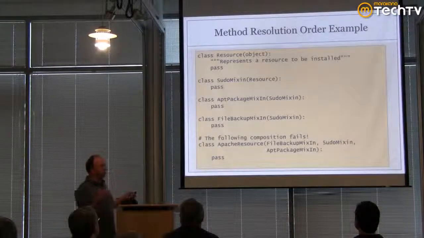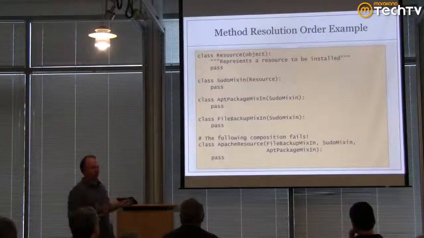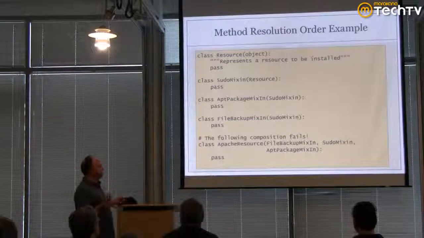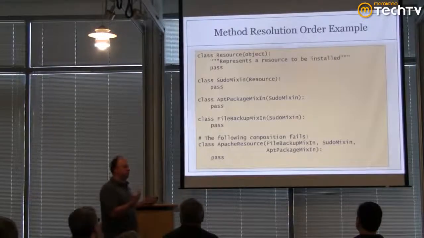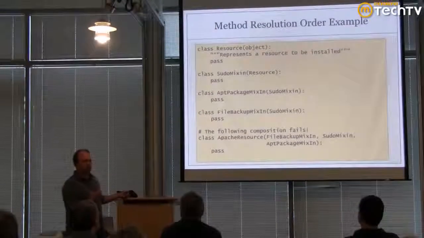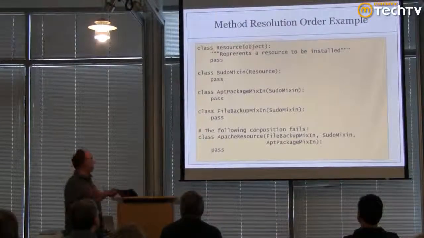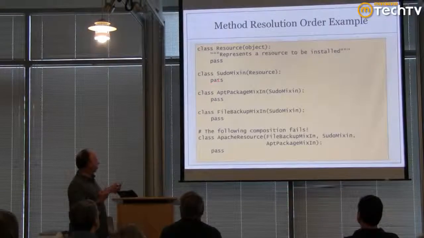And if I'm using something that's going to use the apt package manager, there's a mixin for that. To use that, I actually need SUDO access, so I'm inheriting from the other mixin. Then I have a mixin for doing file level backups, and that also requires SUDO access, so it's inheriting from that.